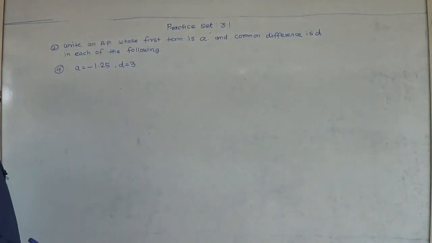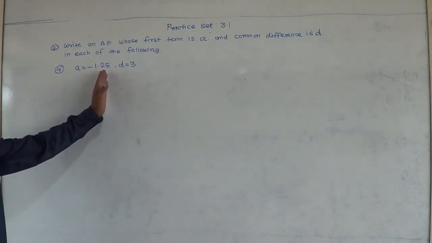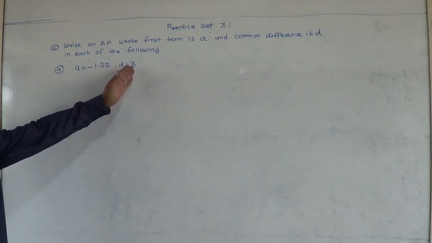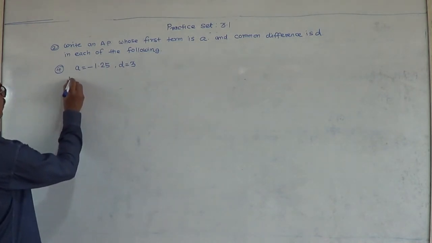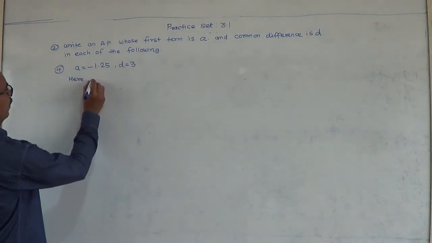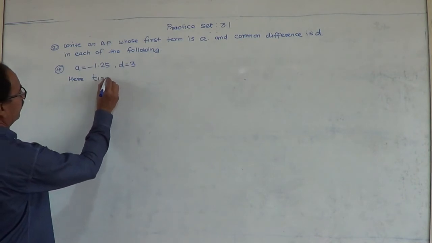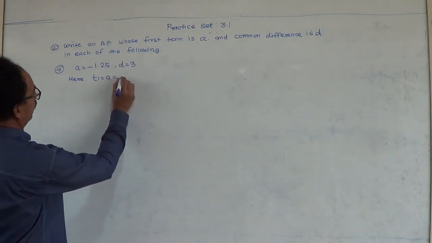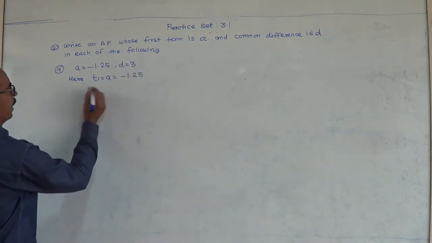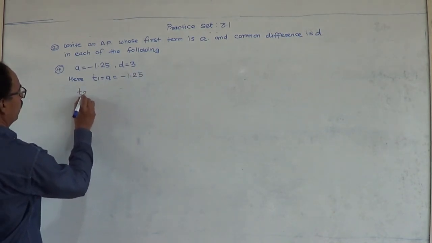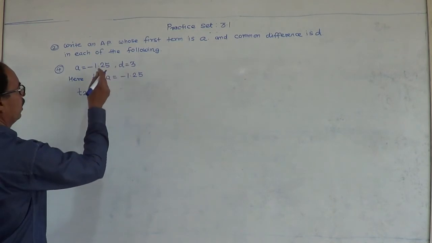Fourth example, we have given A is equal to minus 1.25 and the value of D is 3. So here T1 is A, T1 will be equal to A, that will be minus 1.25. To find T2, we have to add D to the T1.